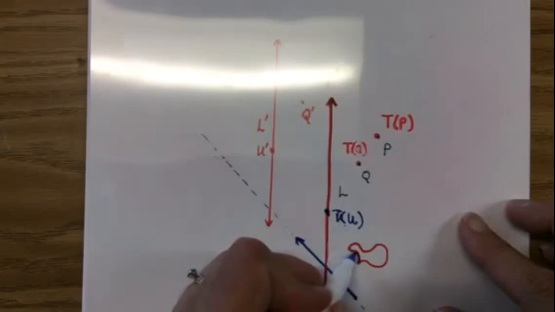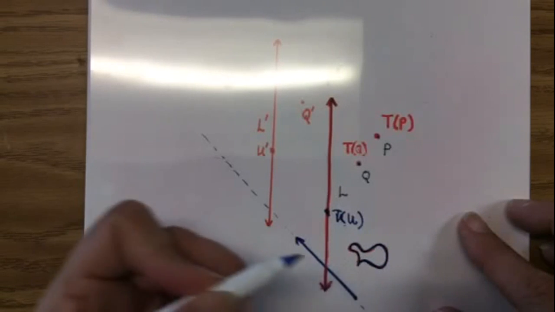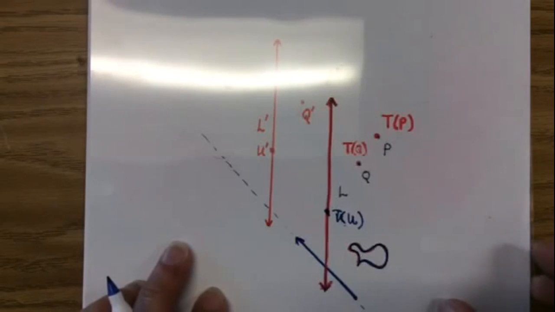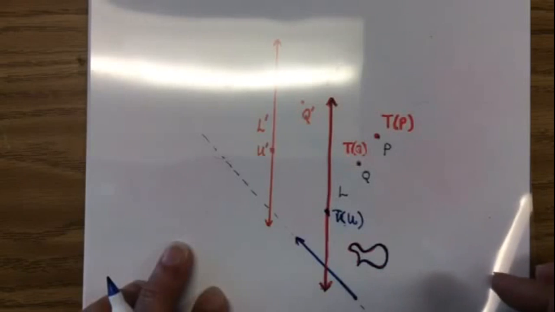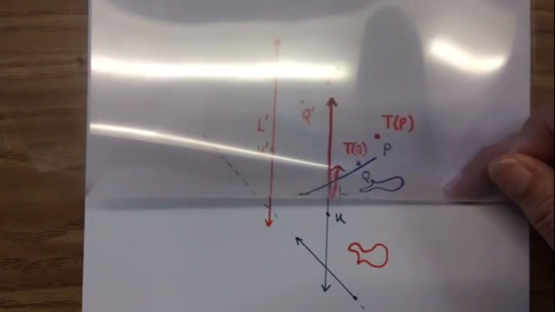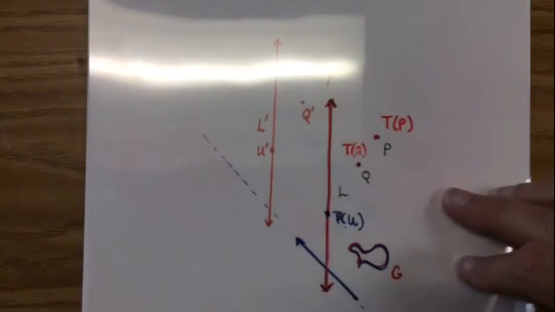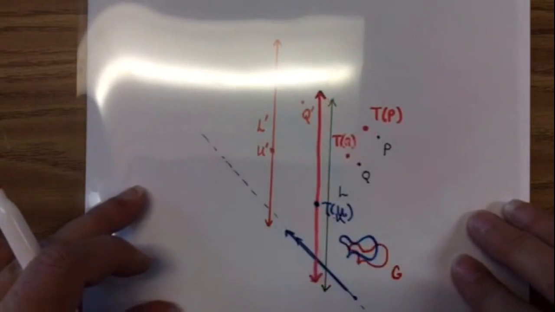I'll use blue this time, but you get the point. The colors aren't that important. So now I'm going to translate that image. Let's call it that shape. What do we want to call this shape? We'll call this shape G. Okay, and so its image is going to be G prime.